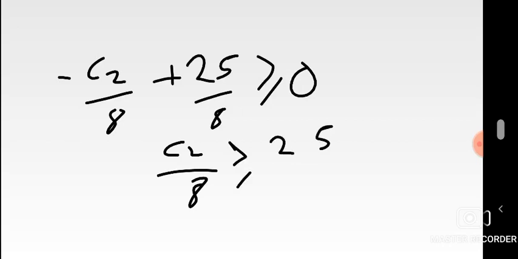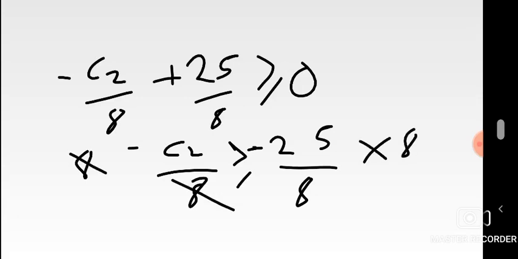Negative 25 over 8, it also becomes negative when it crosses that sign. And then what next from here? Get rid of that 8 in the denominator of C2. Just multiply both sides by 8. That will cancel. Even this side multiplied by 8, it will also cancel. You will remain with negative C2 minus 25, like this.